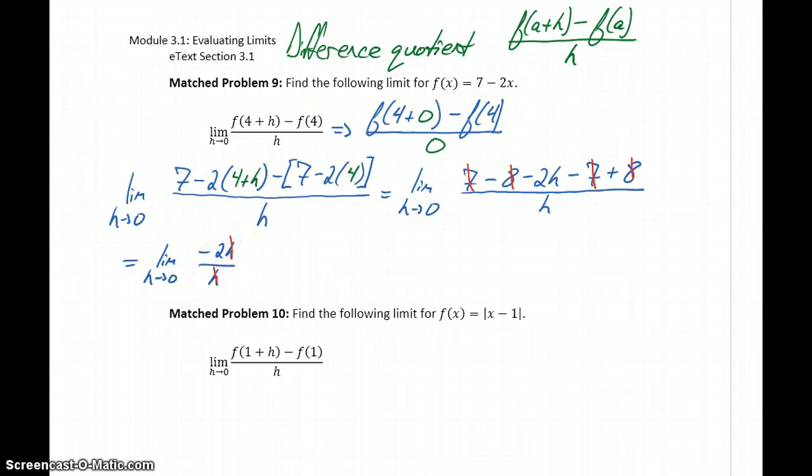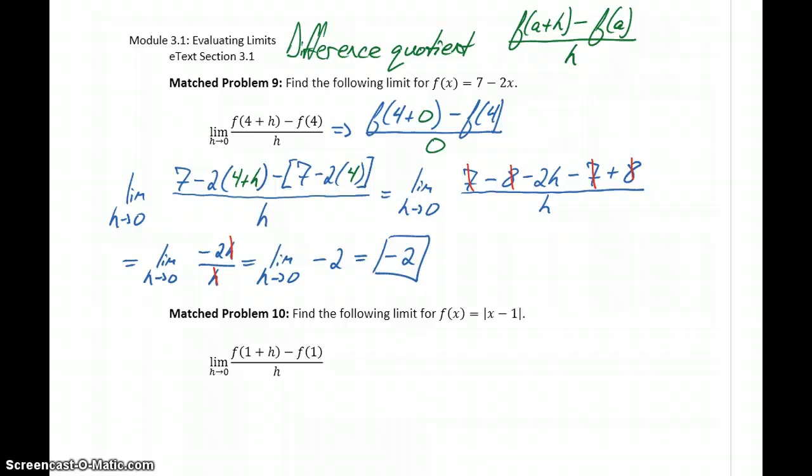So now h over h cancels out, and we have the limit as h approaches 0 of negative 2. So now we're taking the limit of a constant. Doesn't matter what h is approaching. The limit of a constant is always just that constant. So our limit in this case is negative 2.